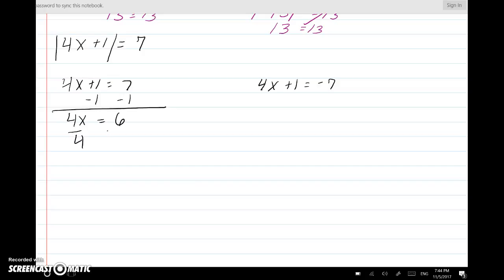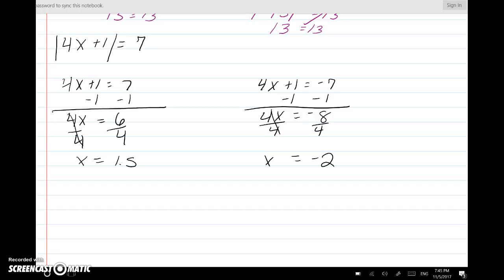Divide both sides by 4, and you get x equals 1.5. And on the other side, we're going to subtract 1 from both sides. 4x equals negative 8. Divide both sides by 4, and we get x equals negative 2. I'm going to let you go ahead and plug them in and check them out.